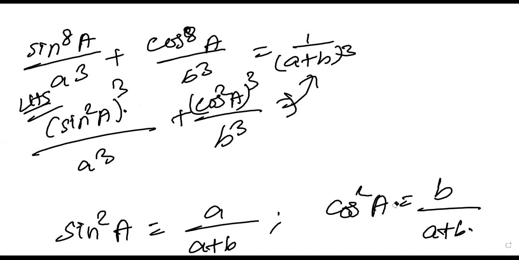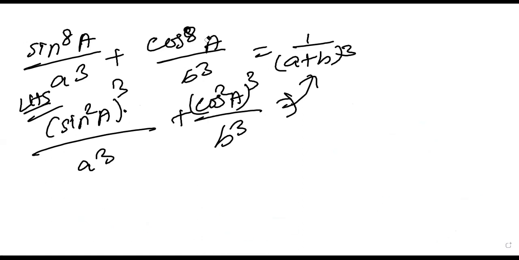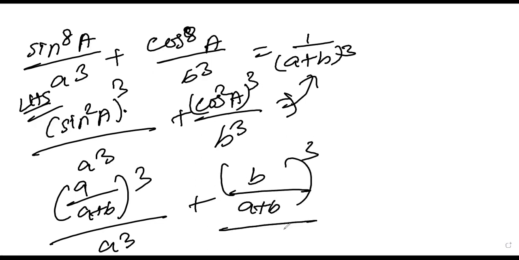Sin square a is a divided by a plus b, cos square a is b divided by a plus b the whole cube by b cube.